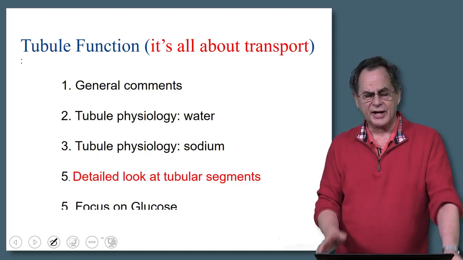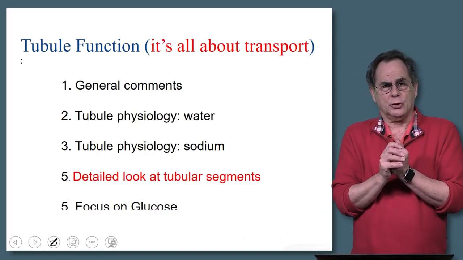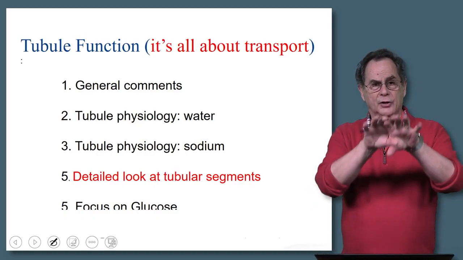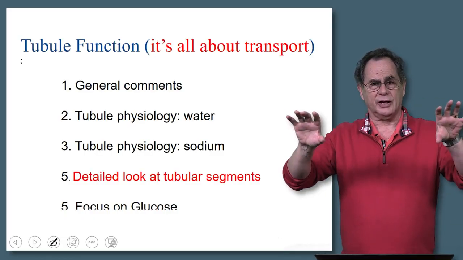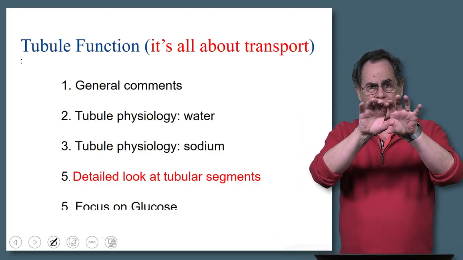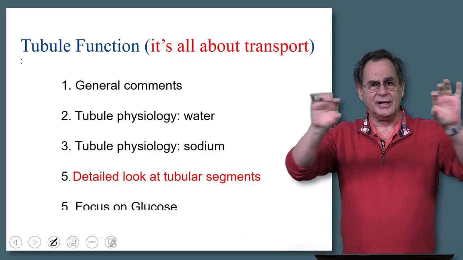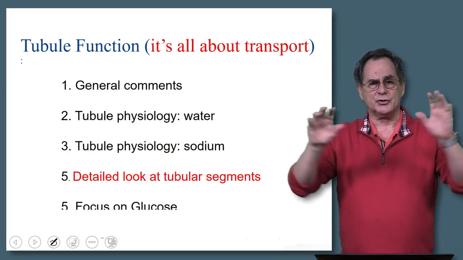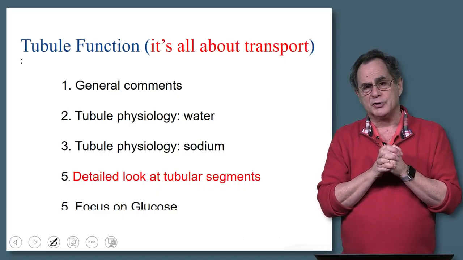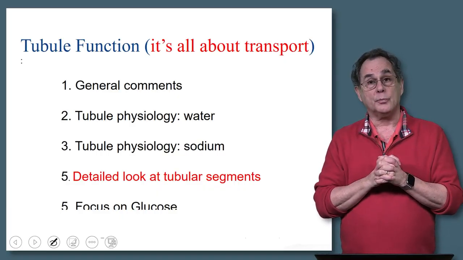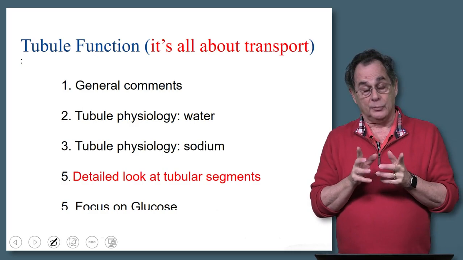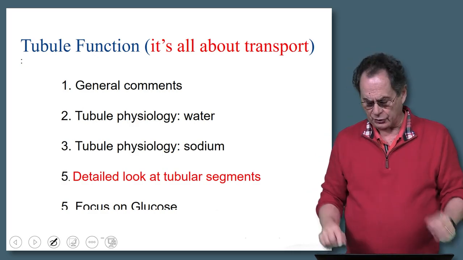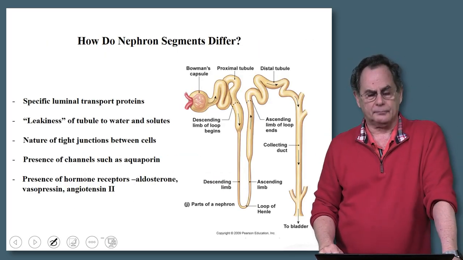So let's take a detailed look at the tubular segments. We recognize that, of course, these segments will have different kidney functions, and although I've stretched them out to be linear when we talked about water, we recognize that different segments have different luminal transporters and different water permeabilities and different functions. And so let's walk through that.